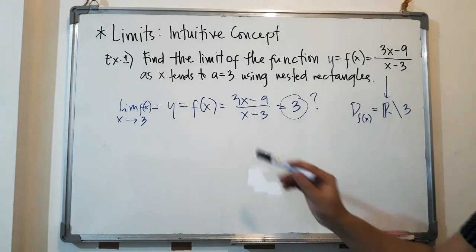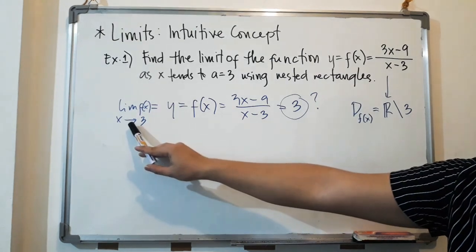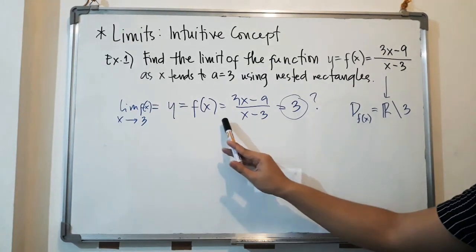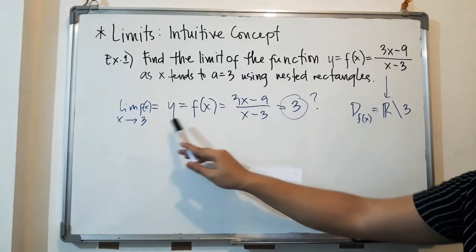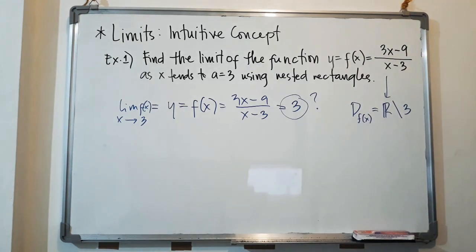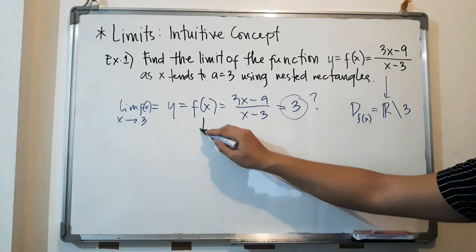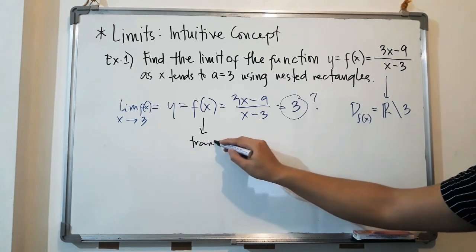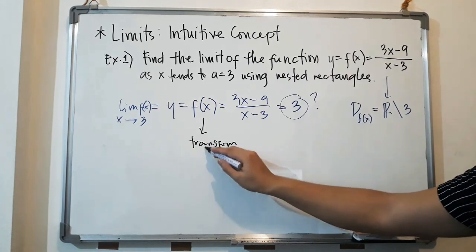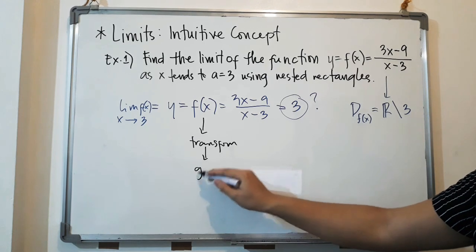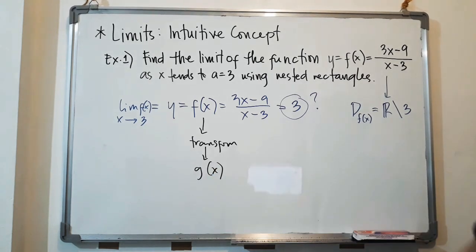Remember that we cannot evaluate this function at x equals 3, because this 3 will make the function undefined. And so we have to transform this function. So there is a need to transform. So we transform this function, say its transformation becomes g of x.